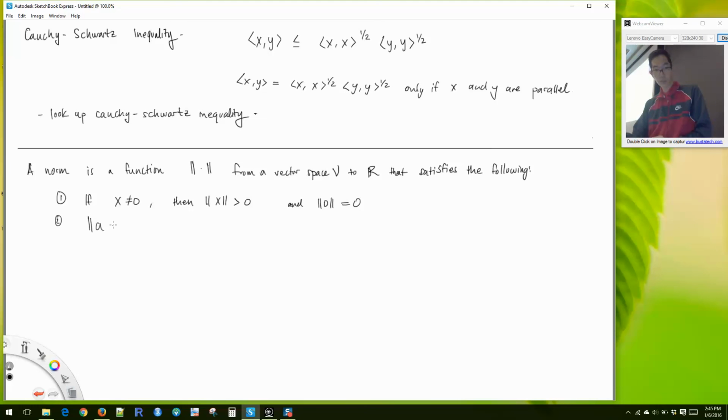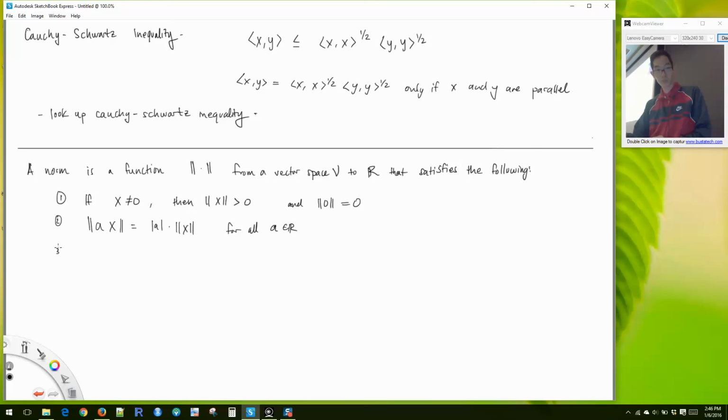The norm of ax must equal the absolute value of a times the norm of x, for all a coming from the set of real numbers.